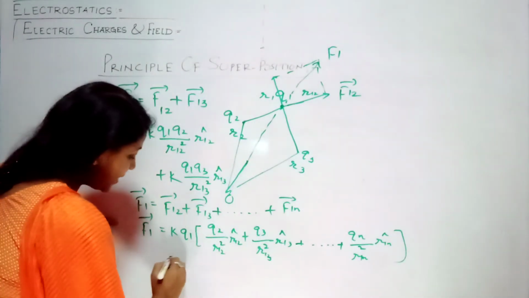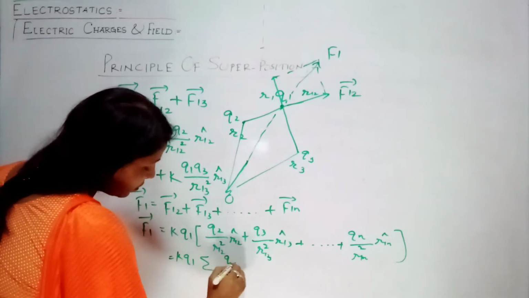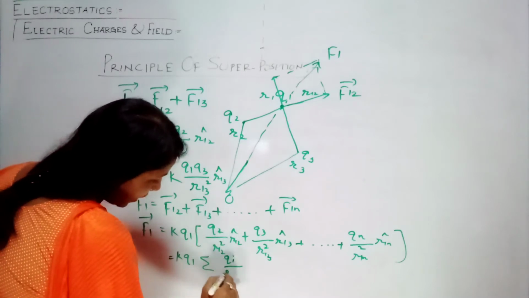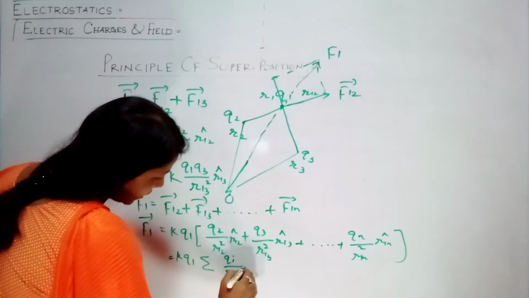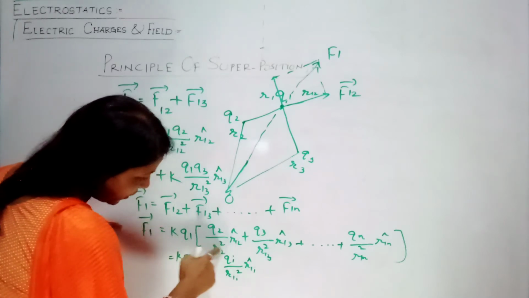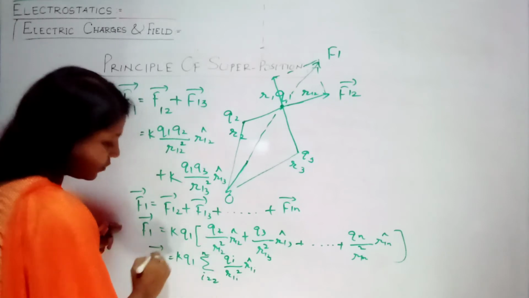Clear? Now can I write it as a summation? It gives Qi divided by R1i square, R1i cap, where i runs from 2 to n. This is your F1.